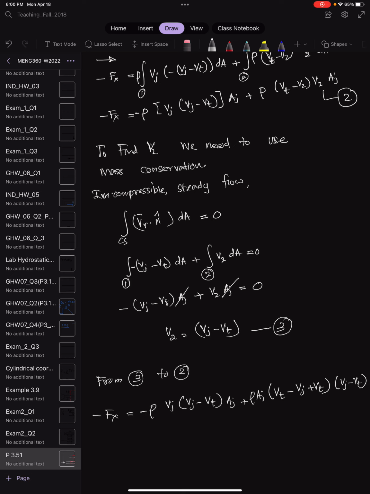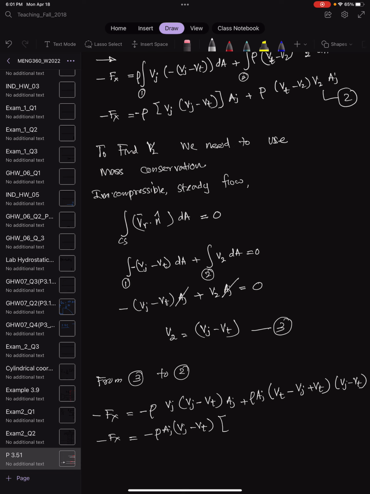So you can take negative rho Aj Vj minus Vt as a common factor.